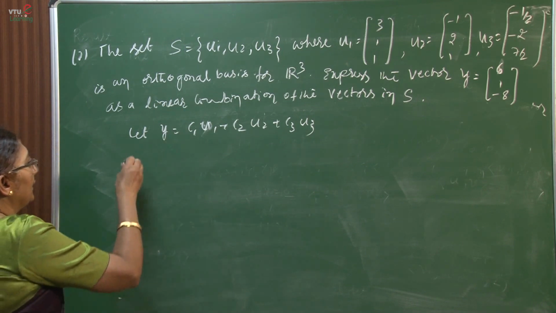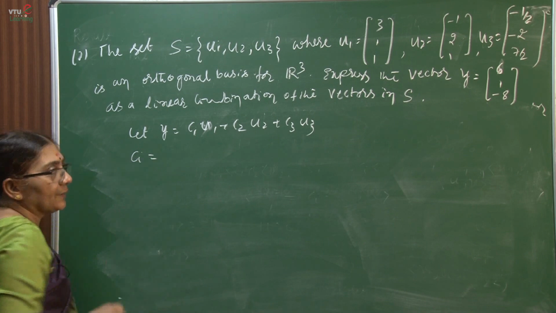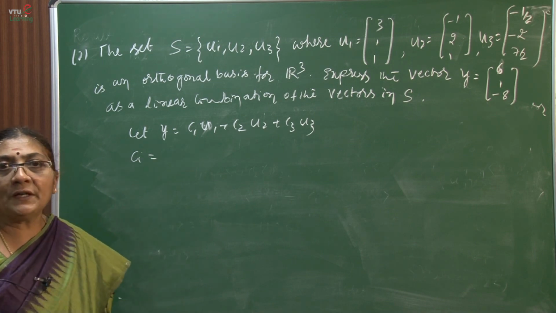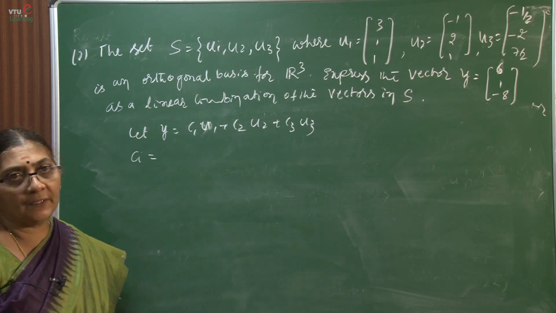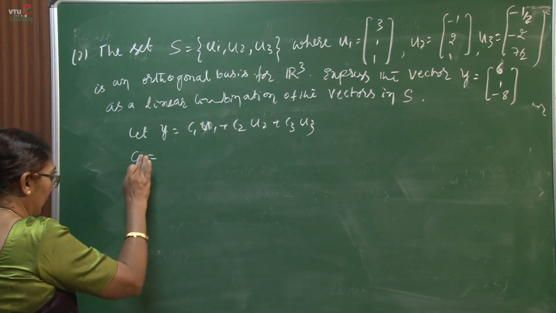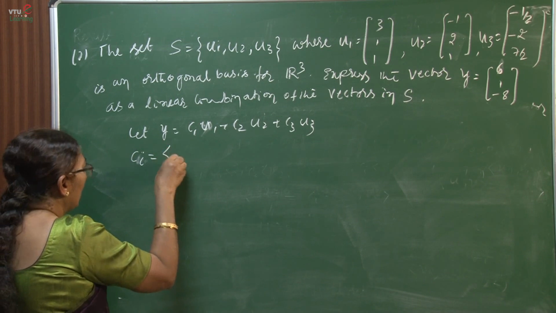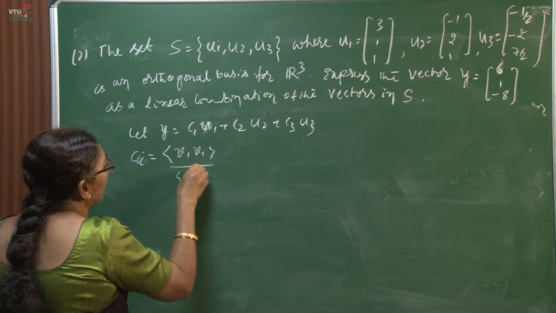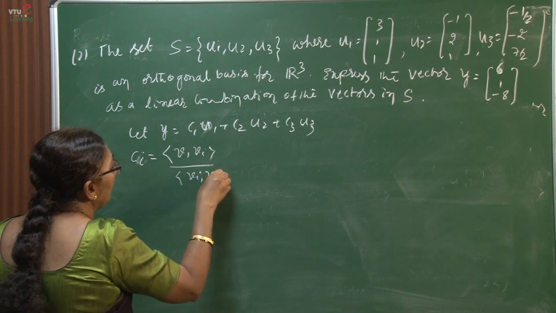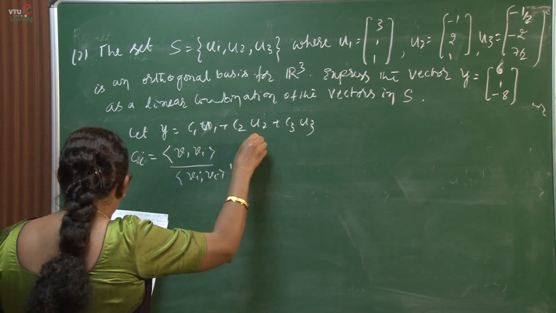Now you have a general formula whenever there is an orthogonal basis. If you want to express any vector in terms of an orthogonal set of vectors, what's the formula? Ci is the inner product of V comma Vi divided by the inner product of Vi comma Vi, for every i.